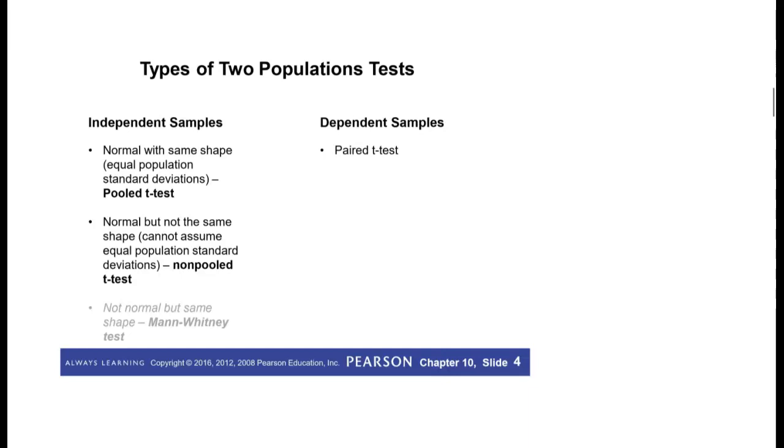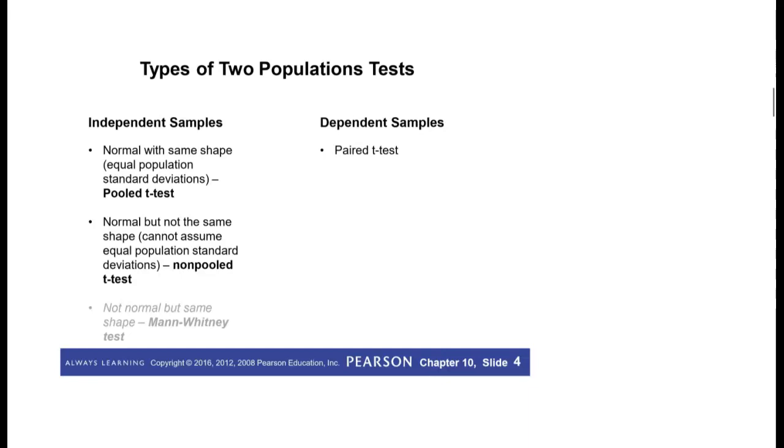With independent samples, there's two different types we're going to look at in this. First one we're going to look at is a pooled t-test. This is normal, we're going to assume normality, of course, and these are normal distributions that have the same shape. So distributions that have the same shape mean they have equal population standard deviations.